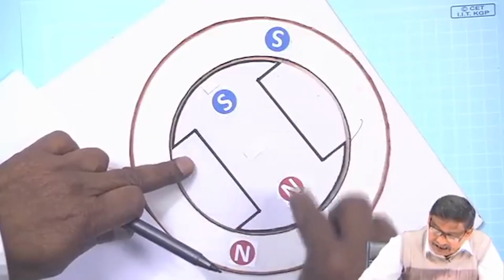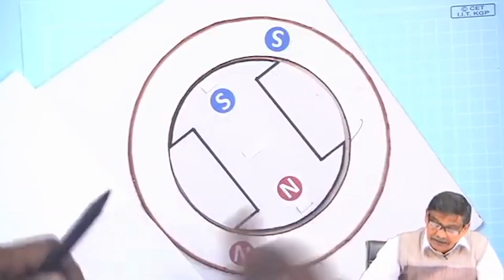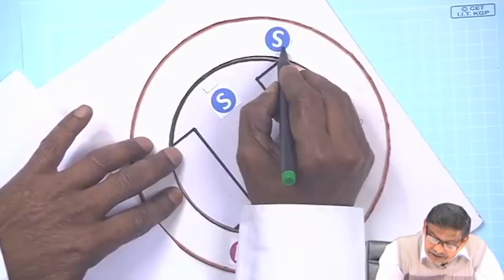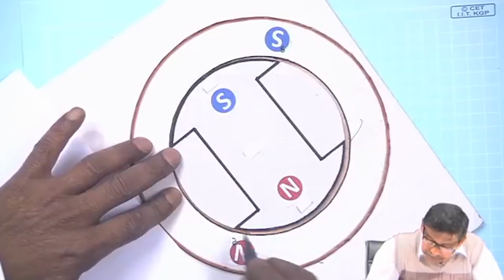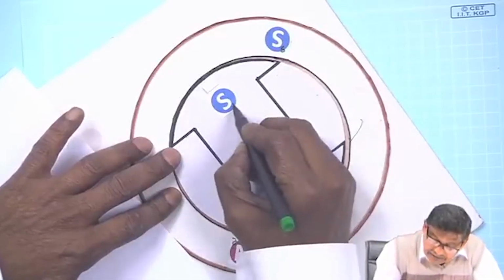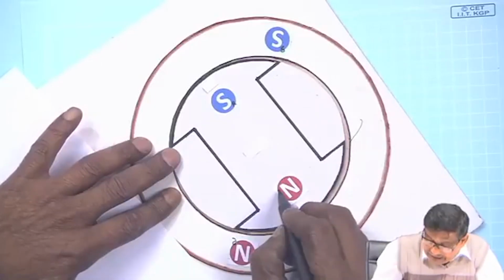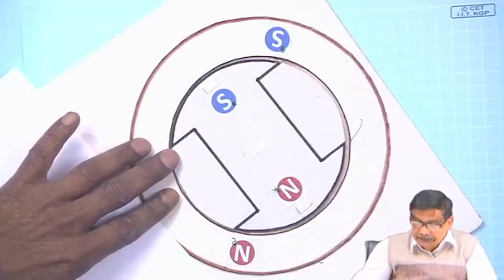These are SR and NR, mind you, and this, if you allow me, I will write SS, NS, and this is SR and this is NR. Understood?